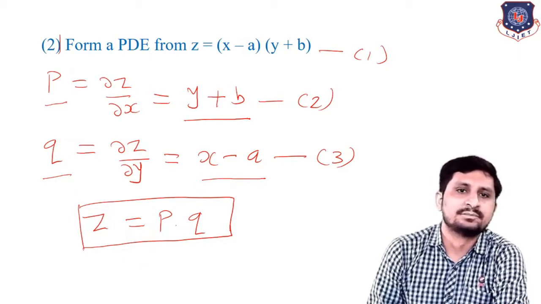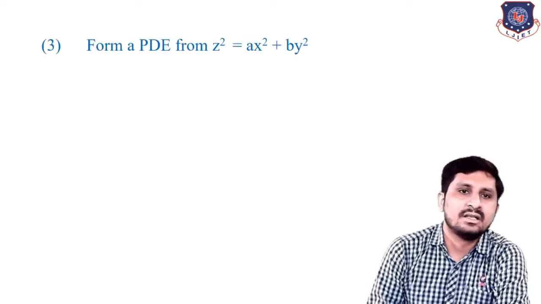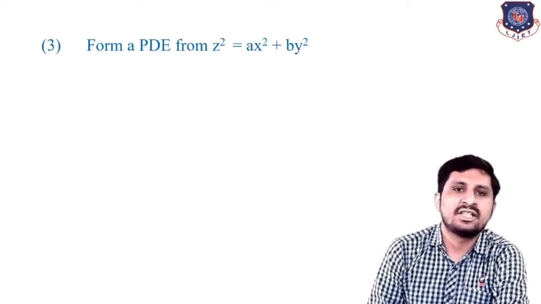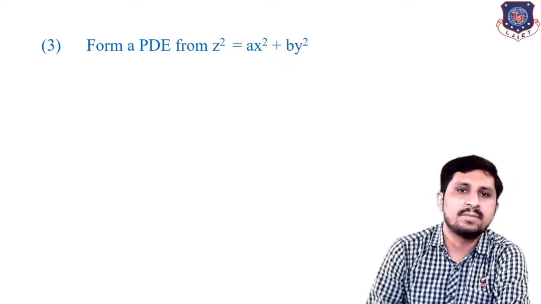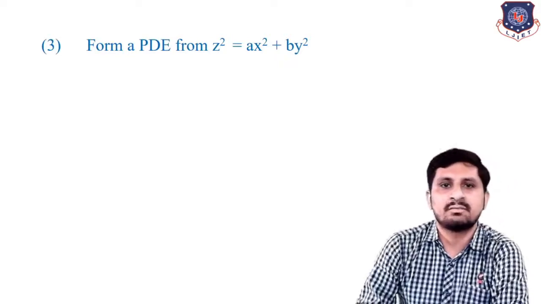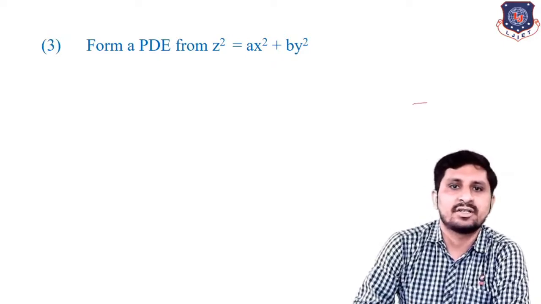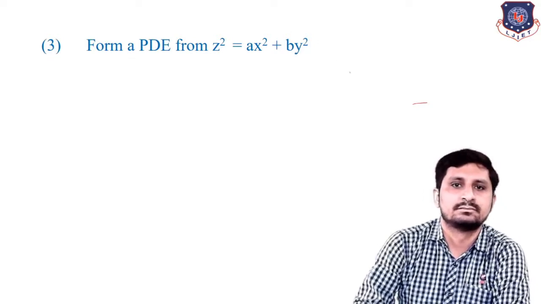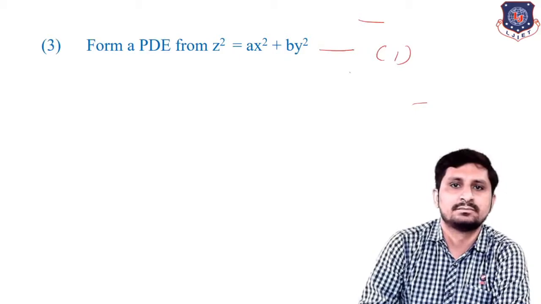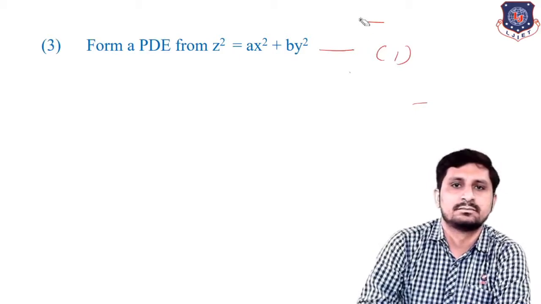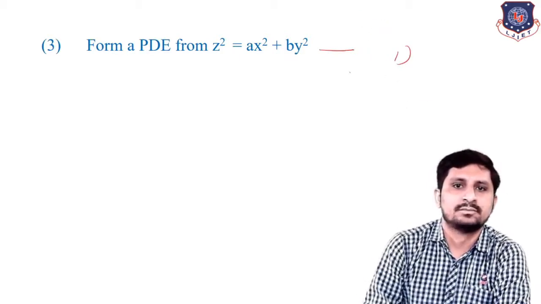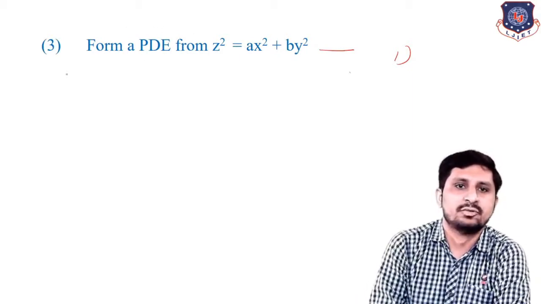Now next example. Form a partial differential equation from z square is equal to a x square plus b y square. Call it equation number 1. Now we are taking partial differentiation with respect to x.